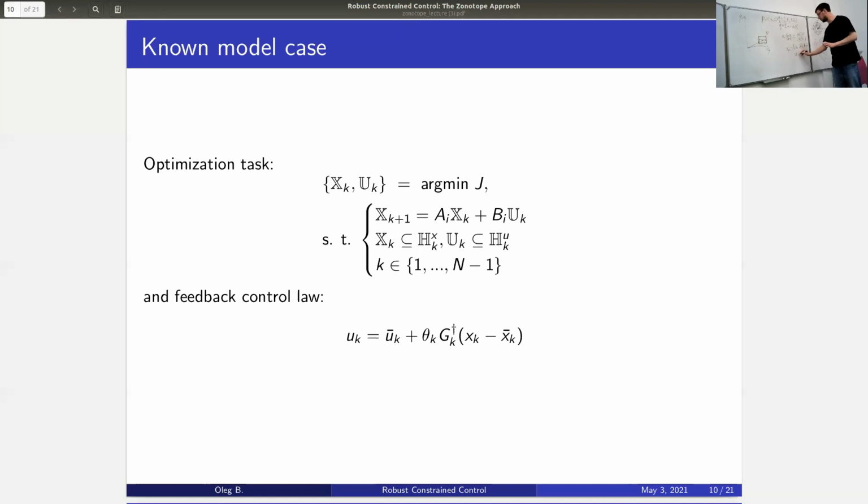It's like u equals Kx, and you can find K. That's the main concept.